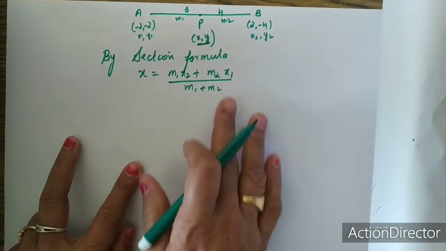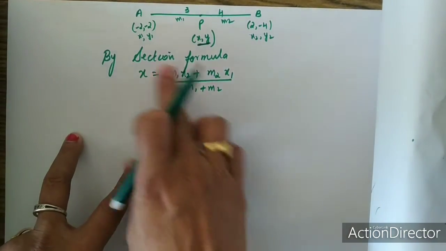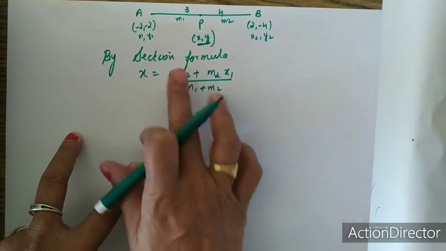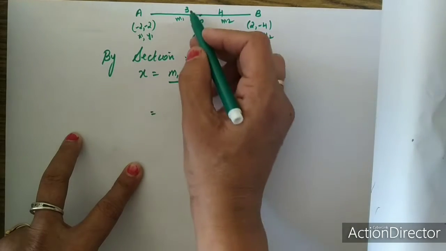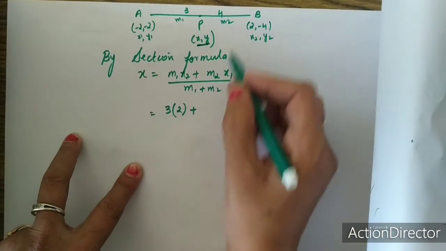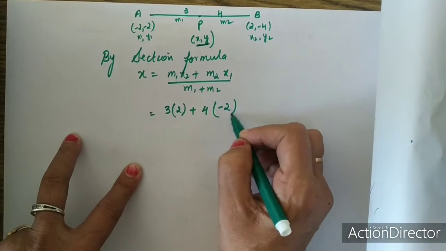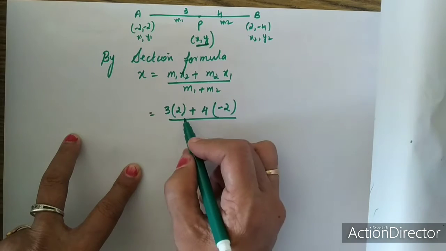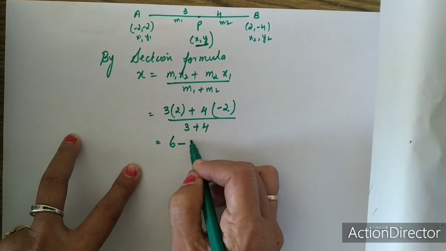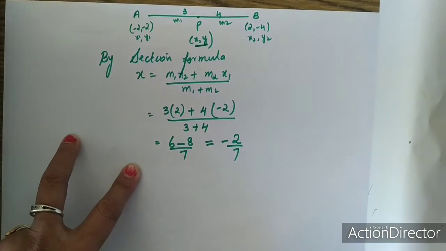I am not writing separately because you have come to 4 sums now, and you should know how to find out what is x1 y1, x2 y2, m1 and m2. By seeing this we will be writing now. What is m1? 3, x2 is 2 plus m2 is 4 and x1 is minus 2 divided by m1 plus m2, that is 3 plus 4. This is equal to 6 minus 8 by 7, which is equal to minus 2 upon 7.